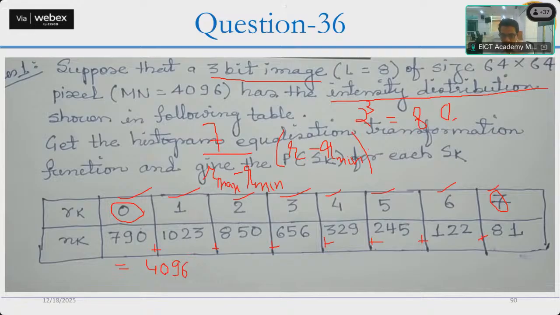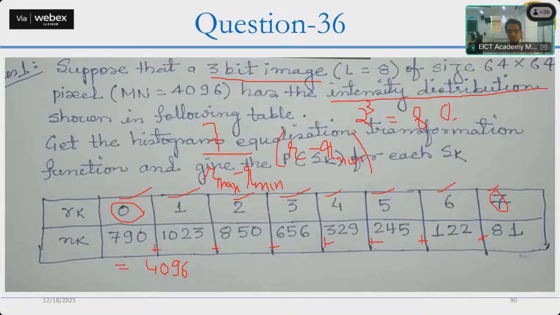7 upon 7, multiplied by r minus r min, and r min is 0, so there will be no change in the result. Even if you apply histogram stretching, it will not lead to any change in the image. That is what we want to tell. The formula can be applied, but it does not result in any change.